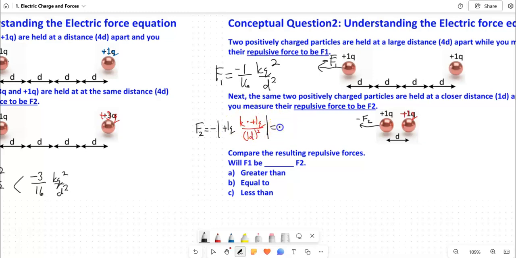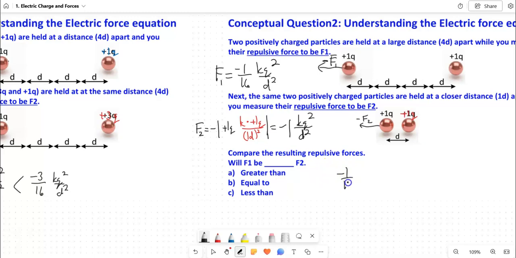Okay, so now this equation is going to be 1q times k times positive 1q, so that's going to be kq squared over, and 1d squared is just d squared. So that's like having a negative 1 in front. So which number is bigger?